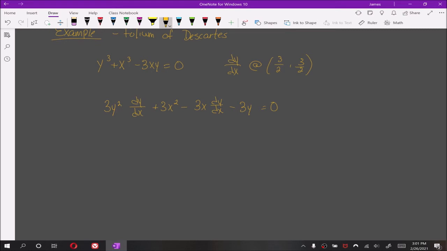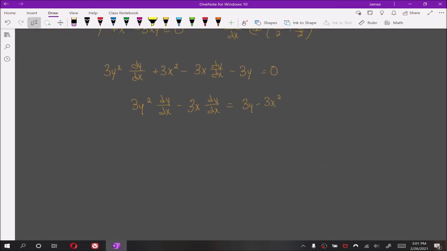Keeping all of our dy/dx terms on the left-hand side, we'll get 3y squared dy/dx minus 3x dy/dx is equal to 3y minus 3x squared. Factoring out that dy/dx, (3y squared minus 3x) dy/dx equals 3y minus 3x squared.